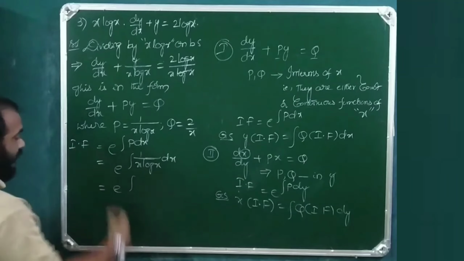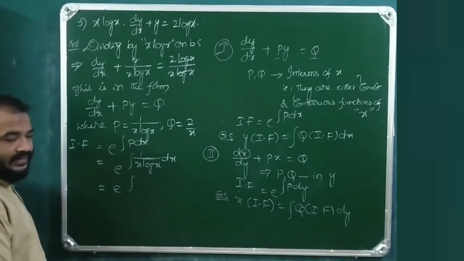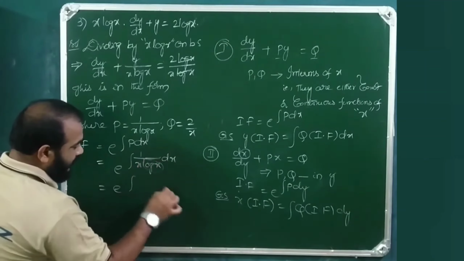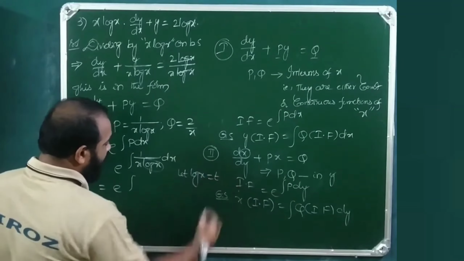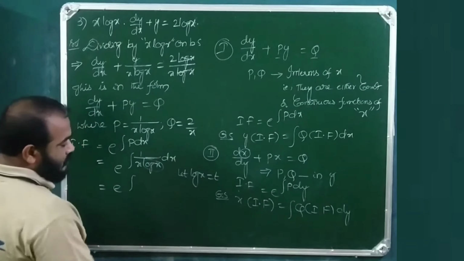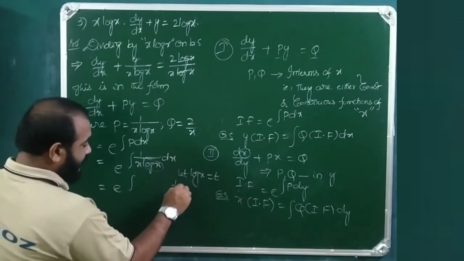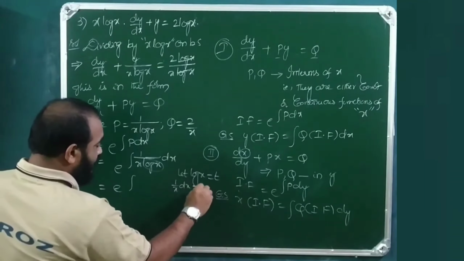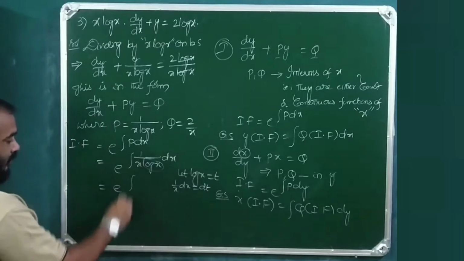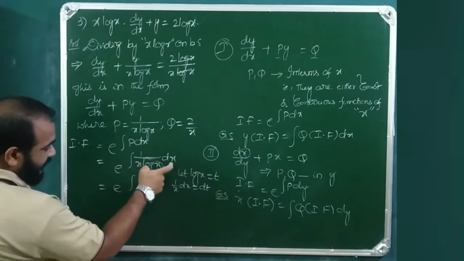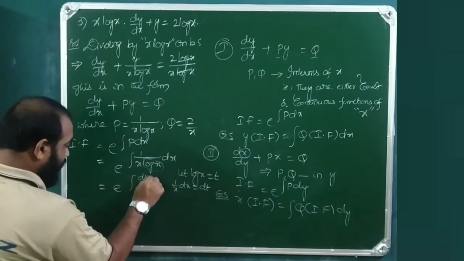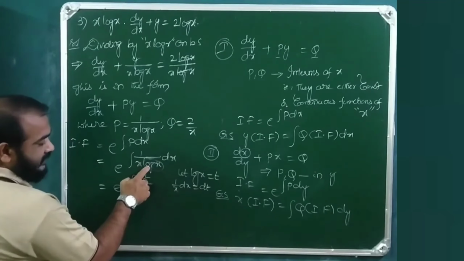I will take log x to be t. Let log x equal t, then 1 by x dx equals dt. So 1 by x dx is dt, and log x is t.